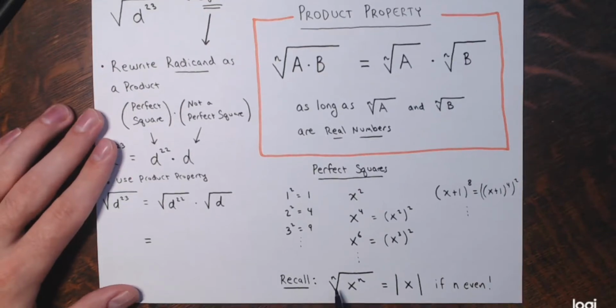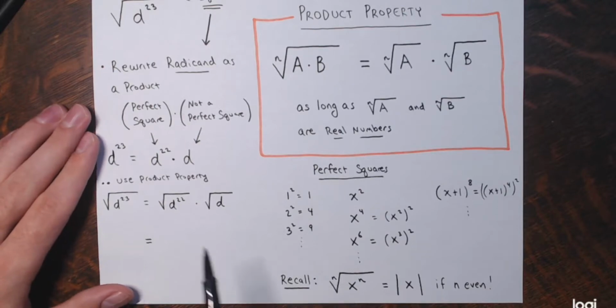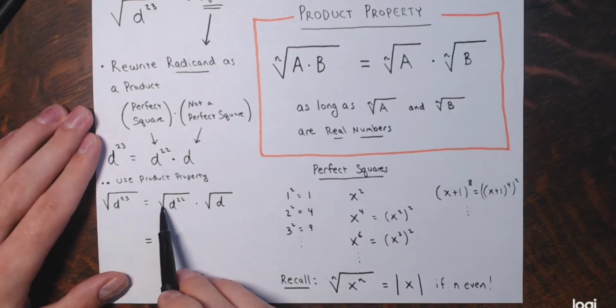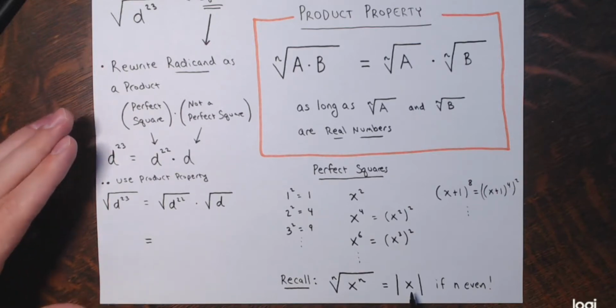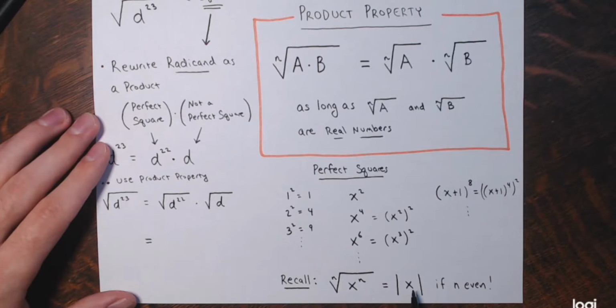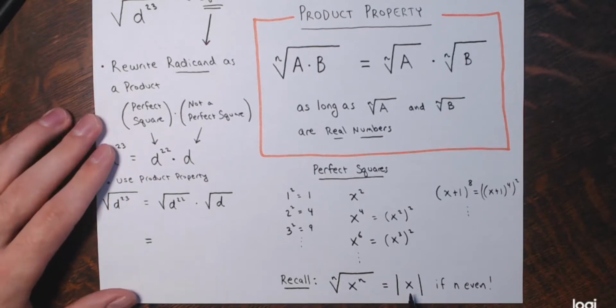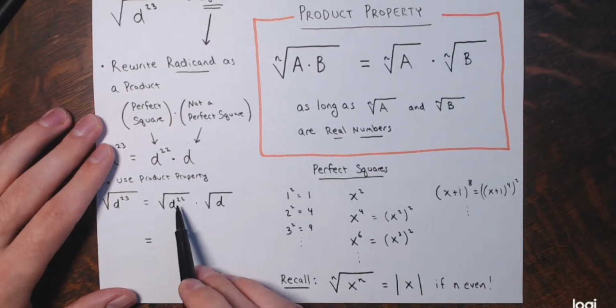Because when you see an even root symbol like the square root symbol here, that symbol means the principal even root, the positive one, the non-negative one. So your final result can't take a negative value. That's why the absolute values are there. You saw this back in section 8.1.